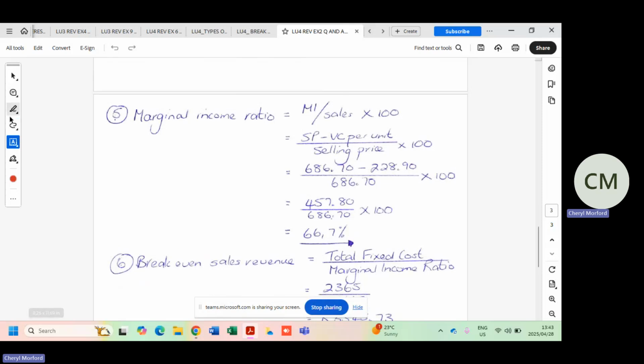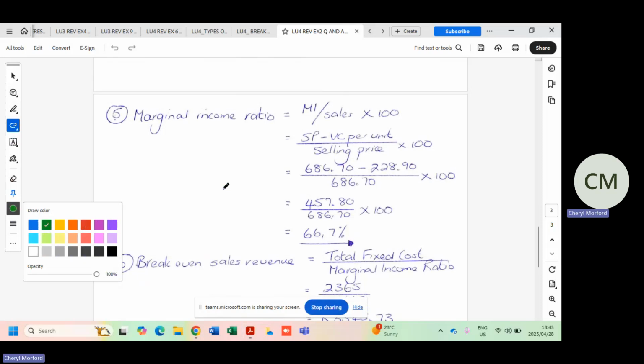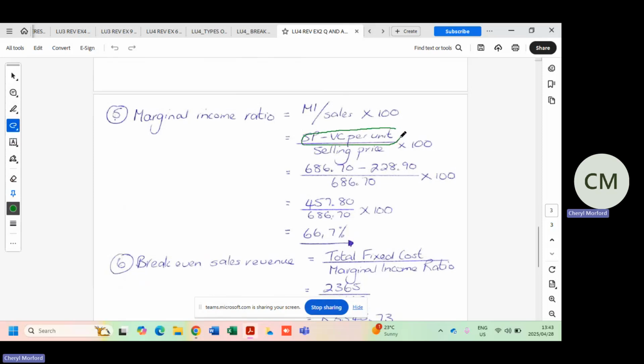So I'm just going to show you here is where the working is done. As part of the calculation for the marginal income ratio, we need the numerator over there. We need marginal income. So here is the working already done for you. It's the selling price of 686.70, subtract the variable cost per unit that we worked out.